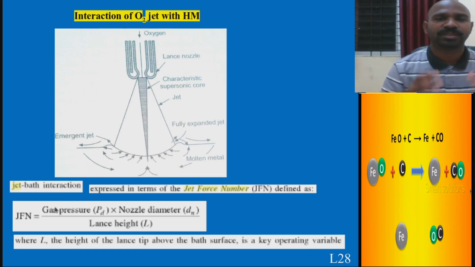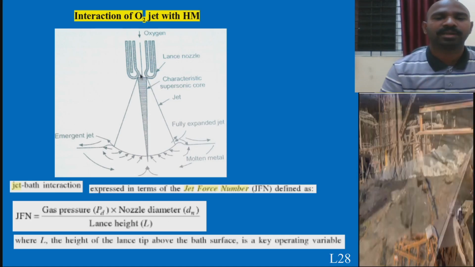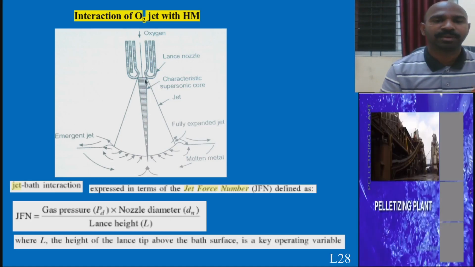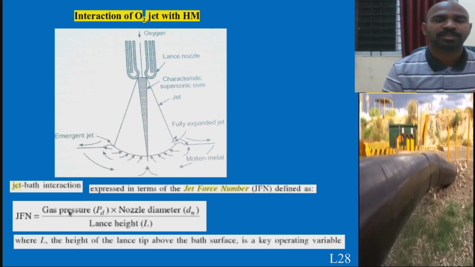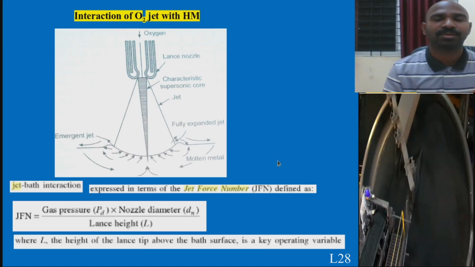It is a ratio of gas pressure, nozzle diameter, oxygen lance diameter, and lance height from the molten steel to the oxygen lance tip. Remember these, there will be numerical problems in the final exams and the GATE examinations.